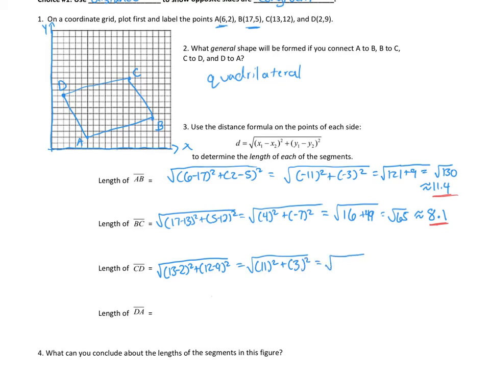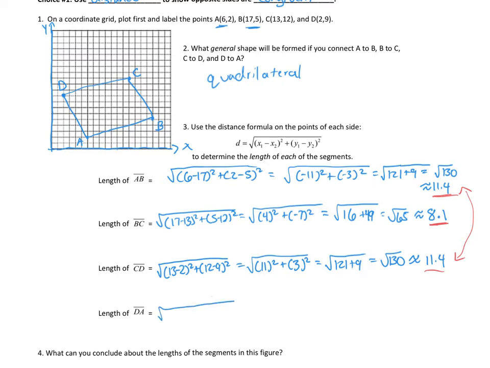This is 121 plus 9, which gives me the square root of 130, which is also 11.4. Notice that we have matching pairs. And notice that AB and CD are opposite sides. So far, this is a yes.